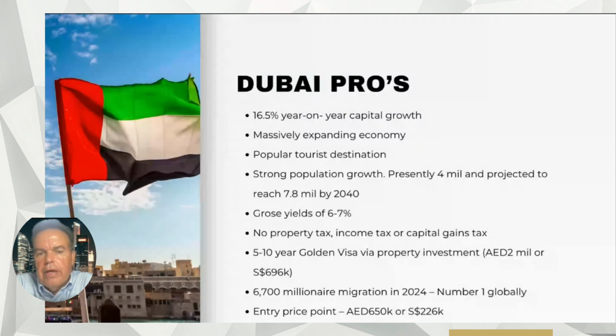On top of that, even though the price is roughly a minimum purchase of 700,000, you can still apply for a mortgage and finance 60%. So you only need to put 40% of that in cash in order to obtain a golden visa. As I mentioned before, Dubai is very tax friendly. There's no property tax, income tax, or capital gains tax. So on your property, you're going to realize 100% of the uplift.